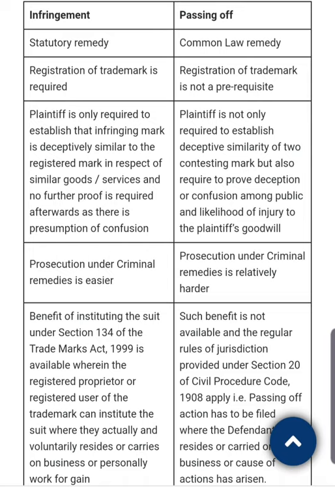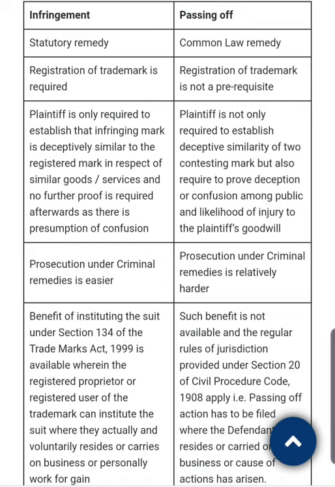Last difference is that in case of infringement, it is sufficient to prove that this defendant has used my trademark. So mere use amounts to infringement. But in case of passing off, mere use does not amount to passing off.